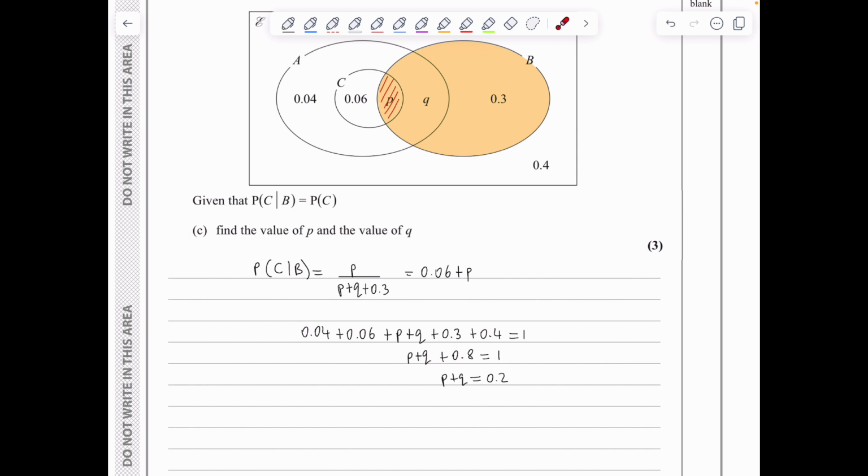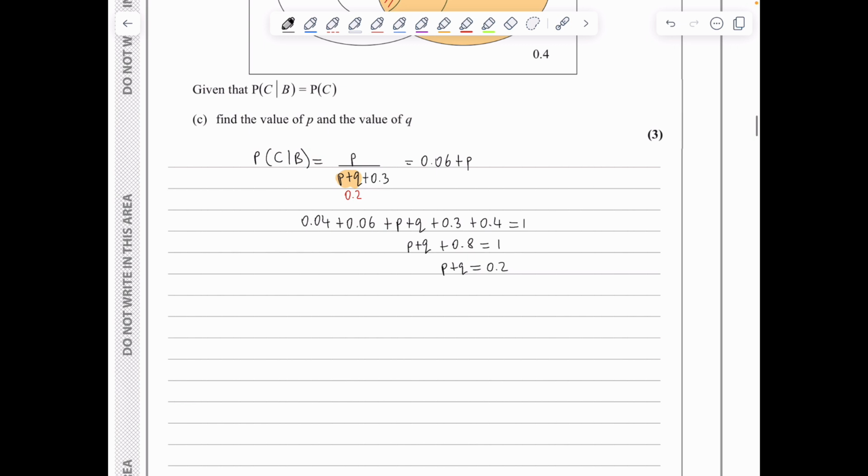This means I can go back to this expression here and replace the P plus Q with the 0.2 in order to arrive at an equation that involves P only. So we've got that P over (0.2 plus 0.3) is equal to 0.06 plus P. So P over 0.5 is 0.06 plus P, which leads to 2P is 0.06 plus P, and therefore P is 0.06.